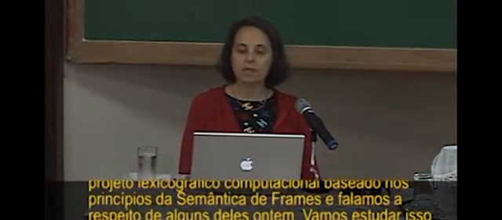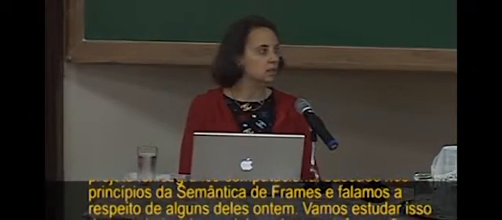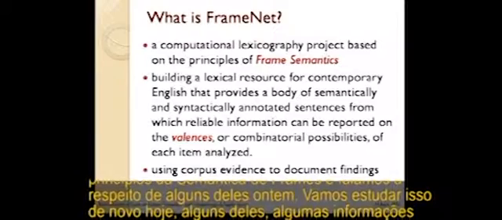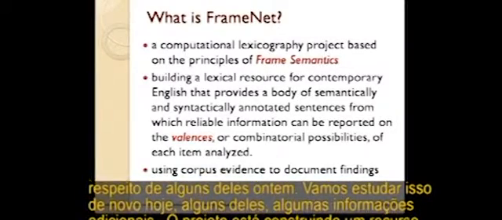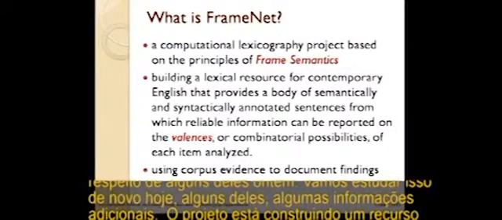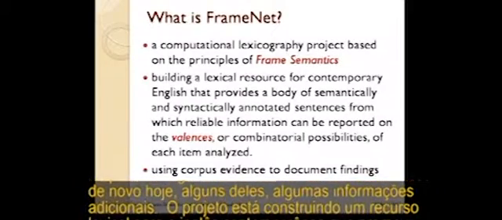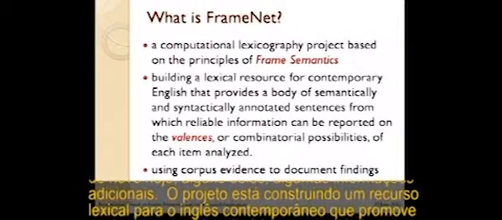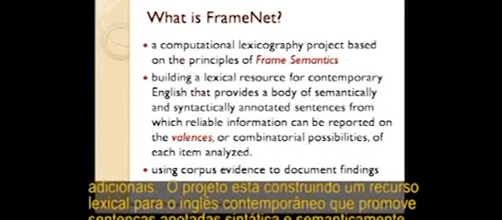So FrameNet is, as you know, a computational lexicography project based on the principles of frame semantics. And we talked about some of those principles yesterday. And I'm going to be going over that again today, providing some additional information.